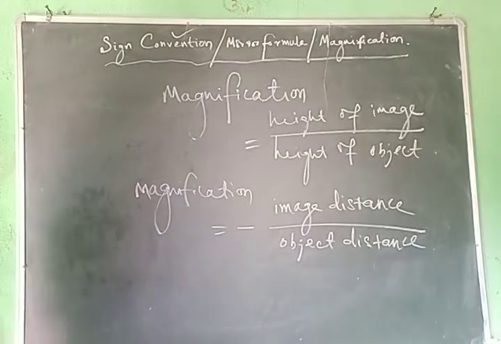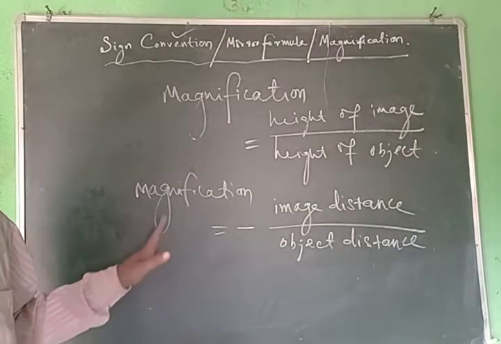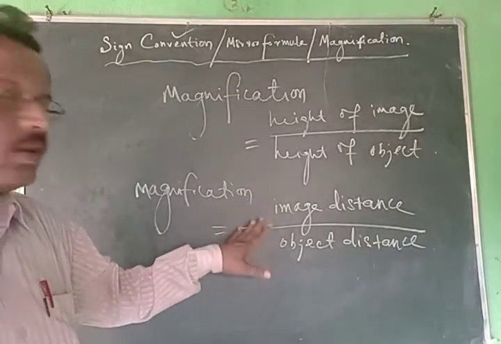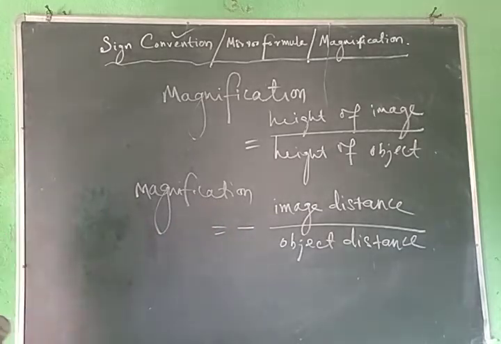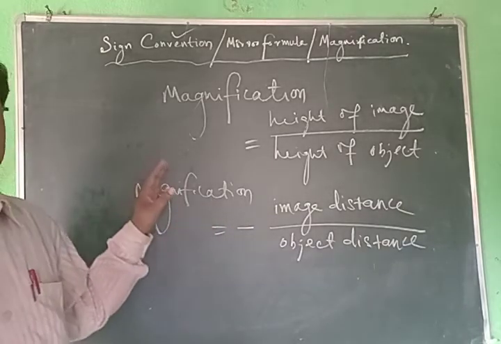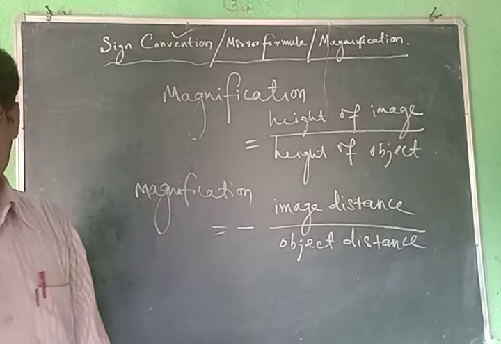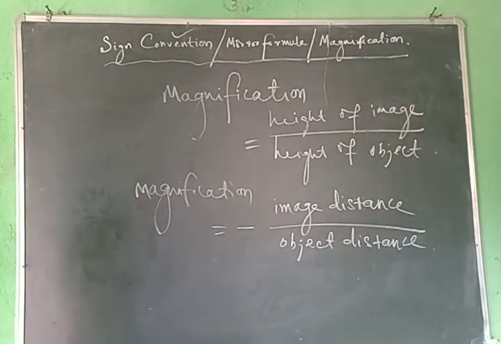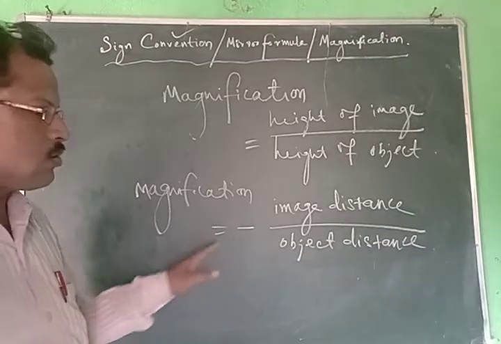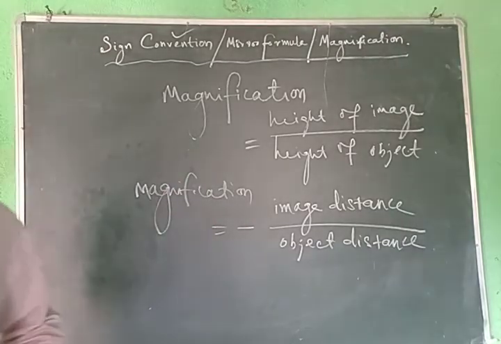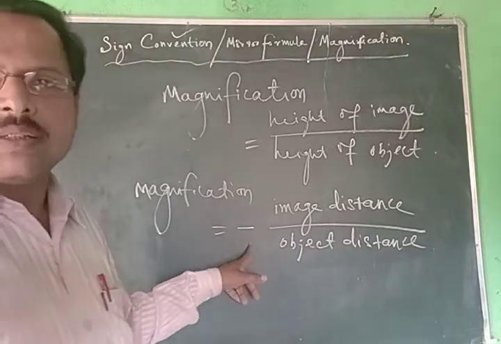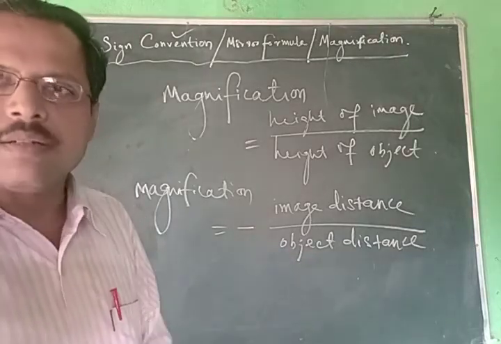The linear magnification produced by a spherical mirror, either concave or convex, is equal to the ratio of the image distance to the object distance with a minus sign.